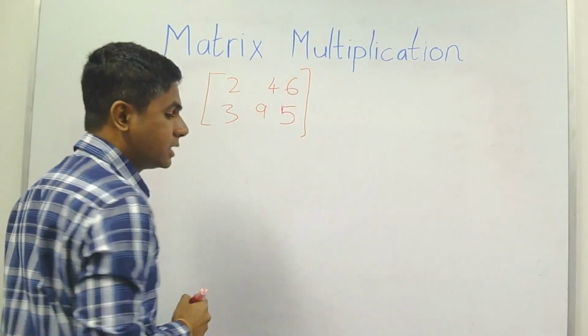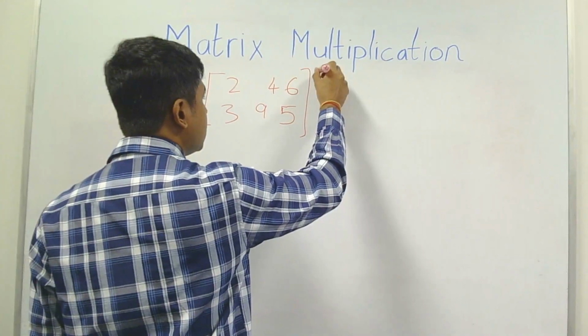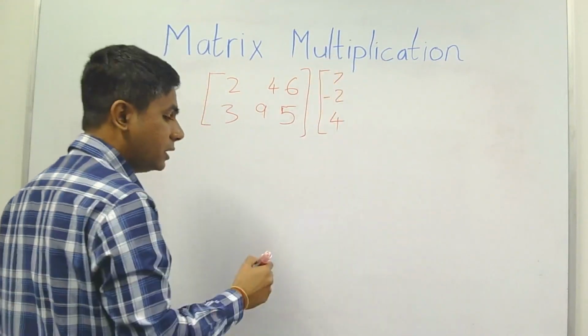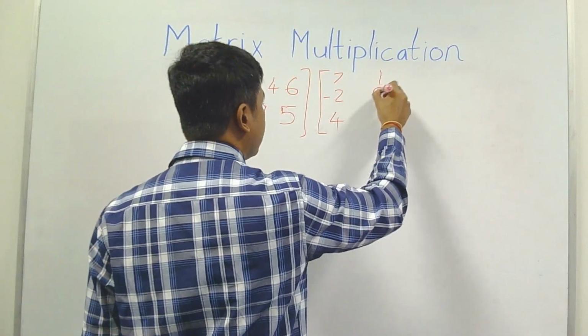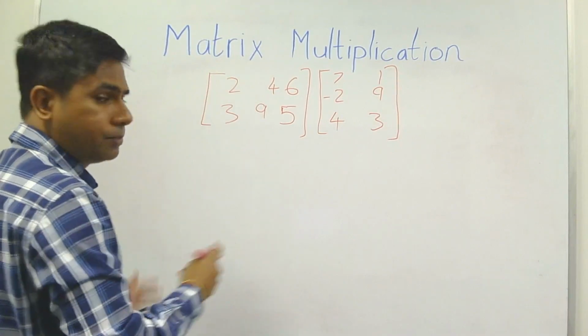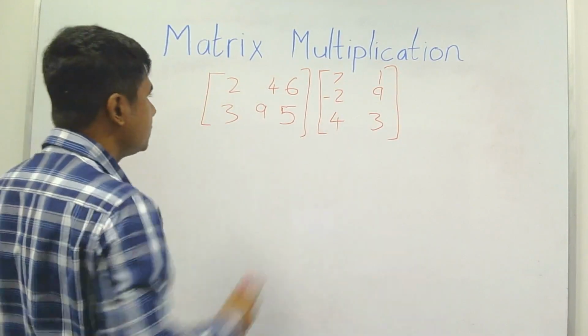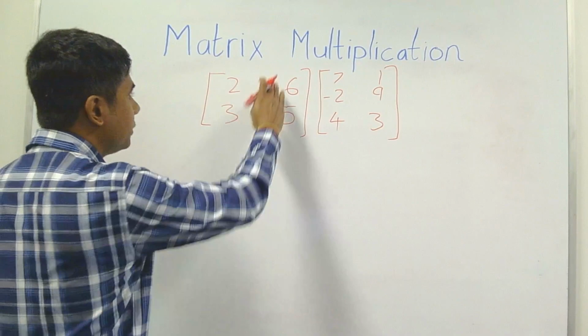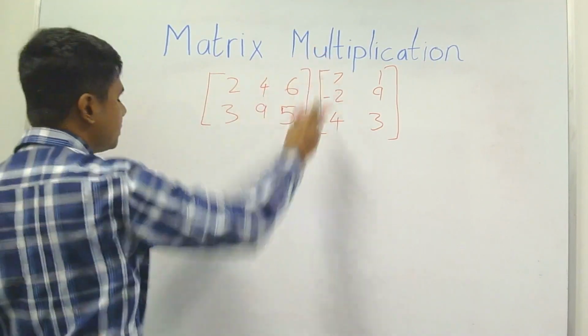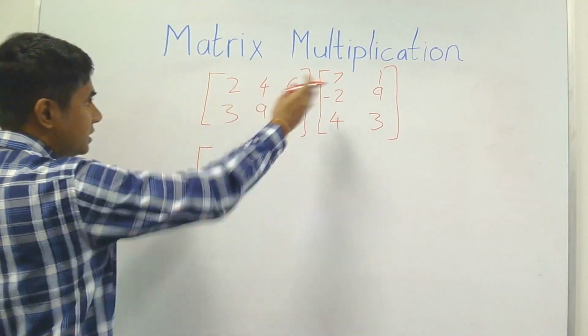And this second matrix could be 7, -2, and 4 as the first column, and 1, 9, and 3 as the second column. To compute this product, we proceed the way we have already outlined. It's going to be row 1 times column 1 as the first element in the resultant matrix.